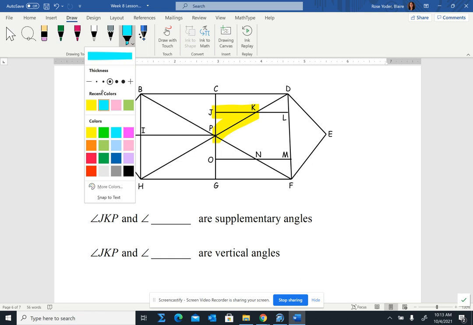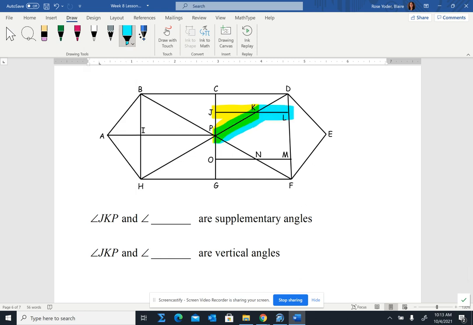So I'm going to look at this one right next to it. Supplementary angles always overlap at a segment. So notice that KP is a segment in both of those angles. So JKP is supplementary with angle LKP. There is another possible answer also that you might have gotten instead, which would be JKD. That also makes a straight angle, but I only asked you to pick one.